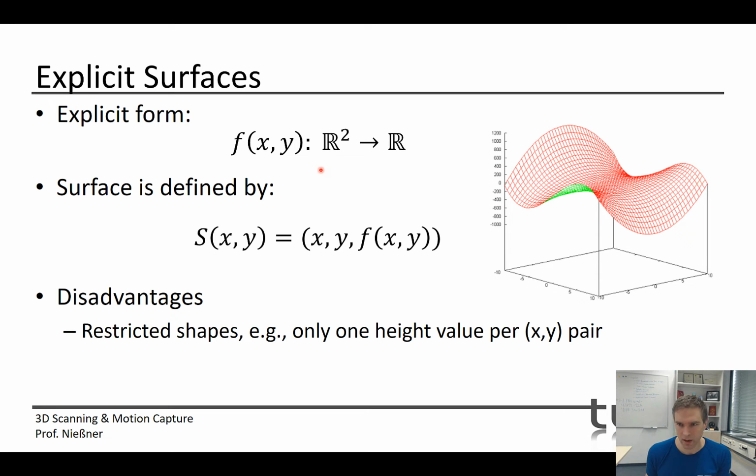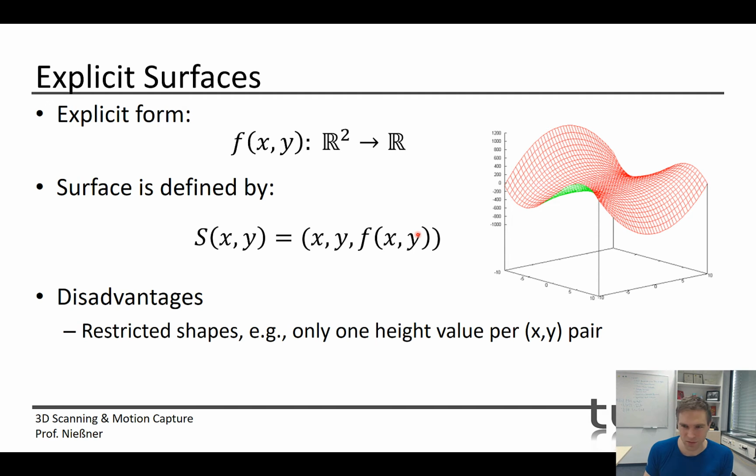So for every x, y, you know what the respective height is. The surface is just simply defined by the 3D coordinates: if you want to sample the surface, it's x, y, and f of x, y, right? This is an explicit surface because you're feeding in values x and y, and from these values you get a surface point as output.